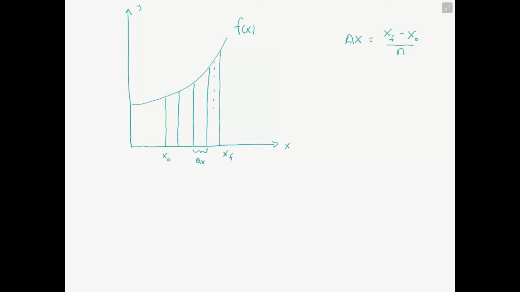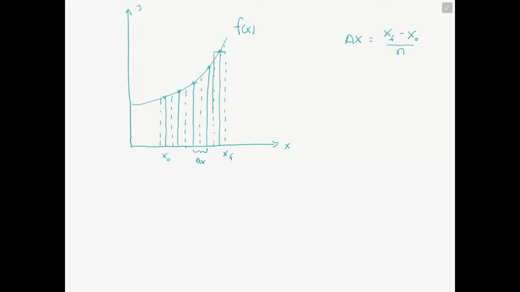So basically we look at our different areas, different rectangles, and this is our y-average right here, right there, right there, right there, and right there.